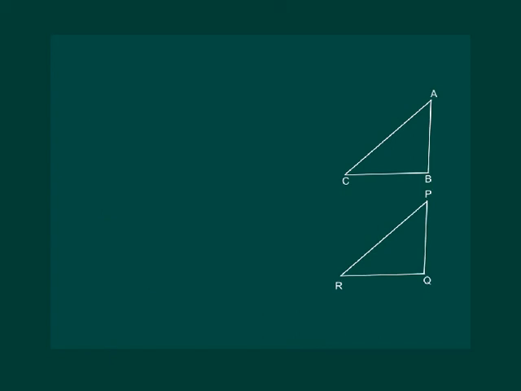So let us prove triangle ABC and triangle PQR are congruent. Quickly I will write AB equal to PQ, that is by construction. BC is equal to QR, also by construction. AC equal to PR, we proved above.